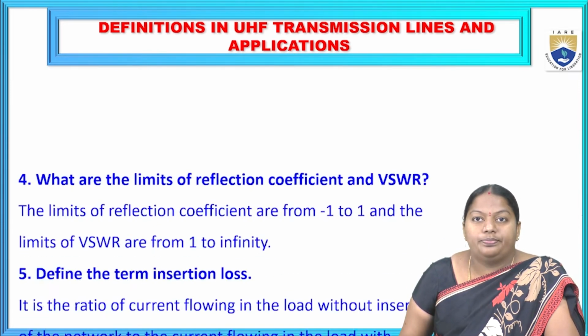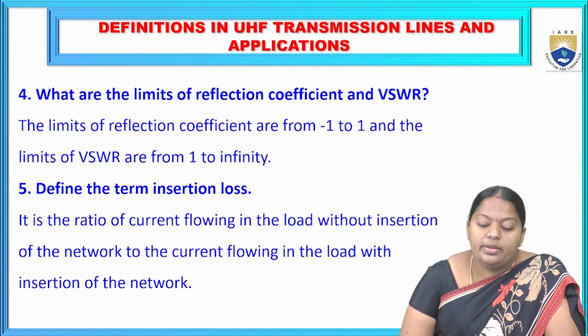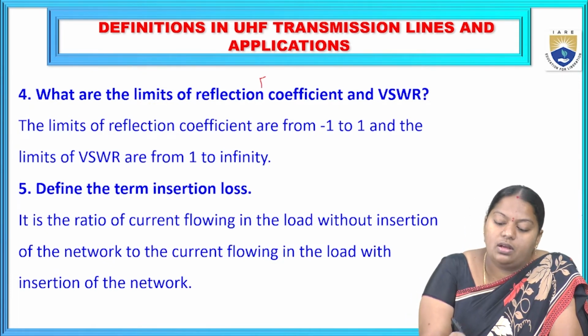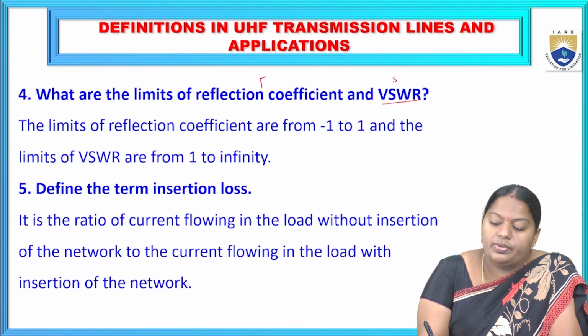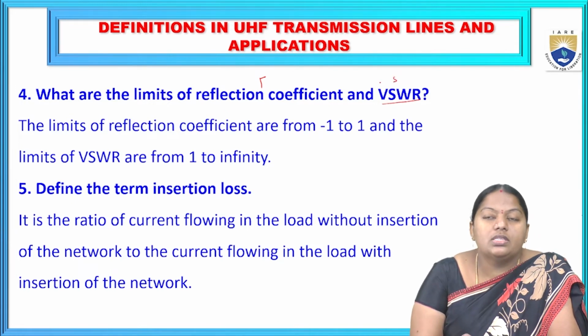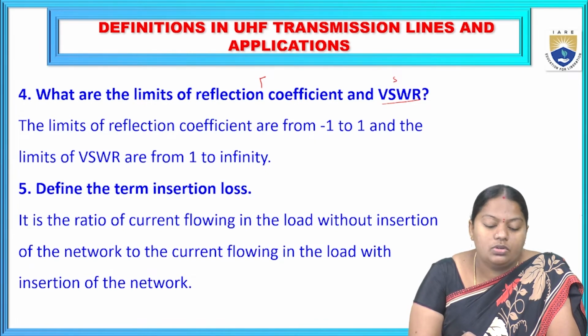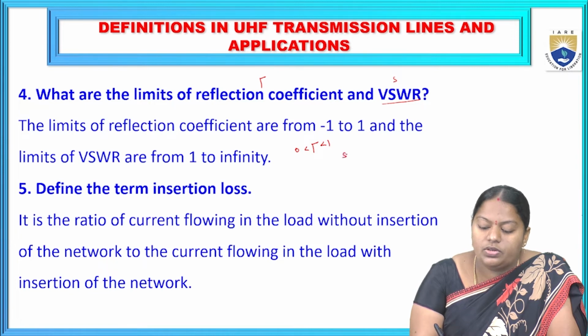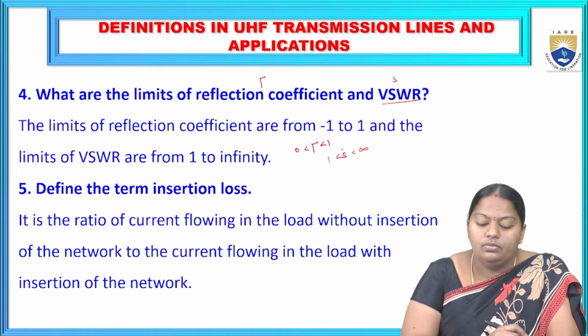Next, what are the limits of reflection coefficient and VSWR? As we know, the reflection coefficient is represented with gamma and VSWR is represented with S. The reflection coefficient gamma ranges from 0 to 1, and the standing wave ratio S ranges from 1 to infinity.